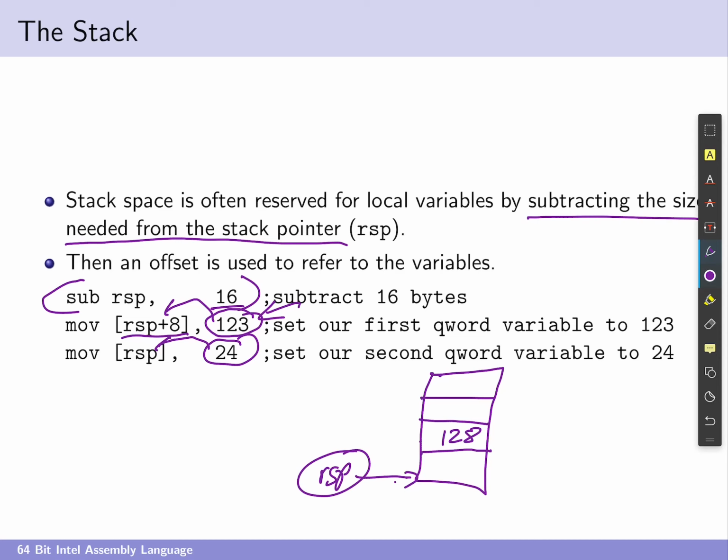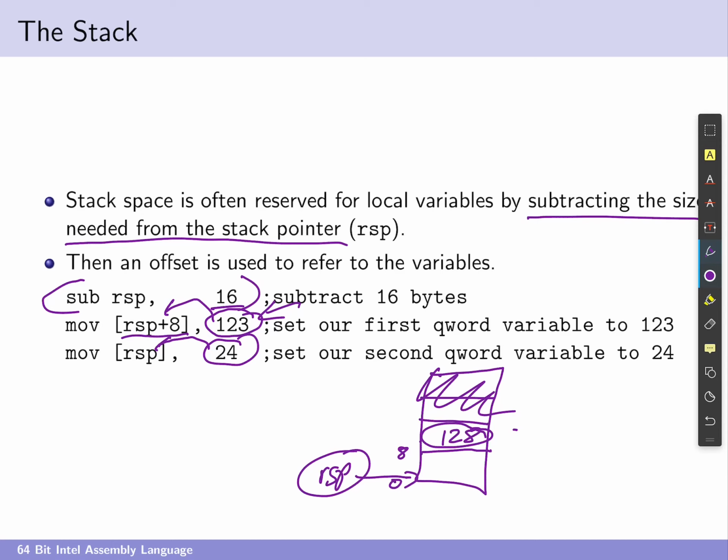Say this was location 0, and this was location 8. When I simply go RSP plus 8, I will now load into this location. Normally this is empty at the top, so this is the top of my process model memory, at least.